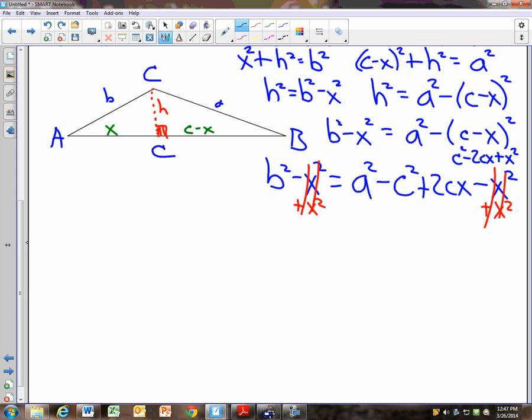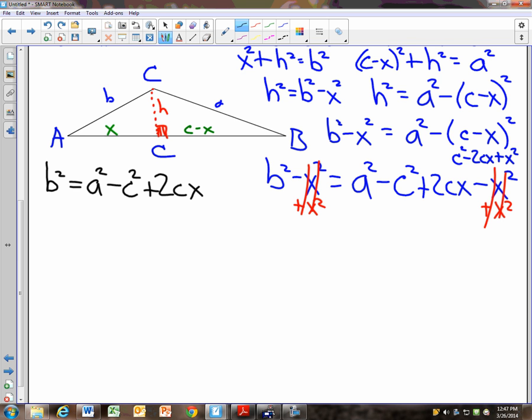I've almost got a formula that really uses those three sides. I'm very close here. The formula so far is b squared equals a squared minus c squared plus 2cx. I just want to get rid of that x.